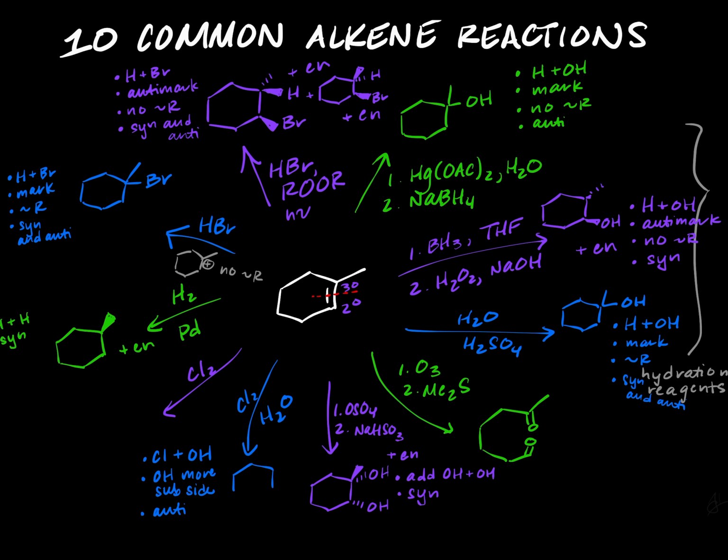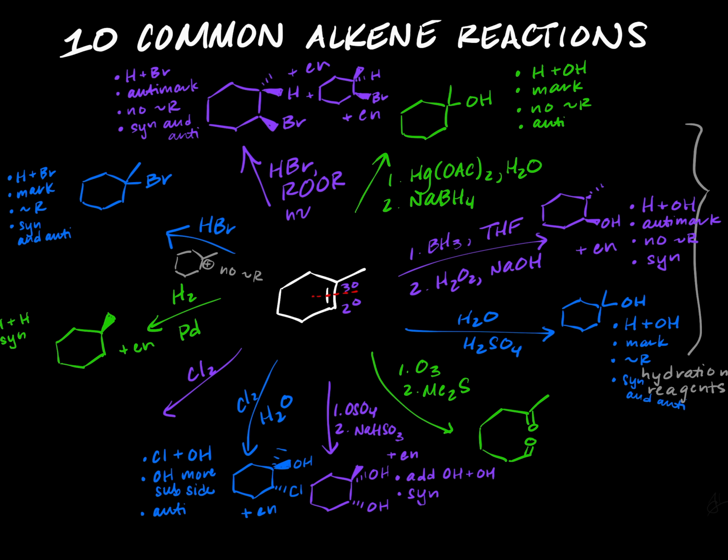So when we draw this, I end up with the OH on the more substituted side, which is this tertiary side. So I can put my OH here. And because my other group is chlorine and is added anti, I'll draw it like this. Again, I chose the OH to be on the wedge randomly and the chlorine to be on the dash randomly, but I can get the enantiomer and get the same product. And this is the answer for this one.